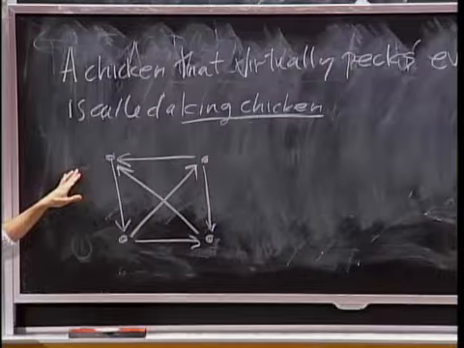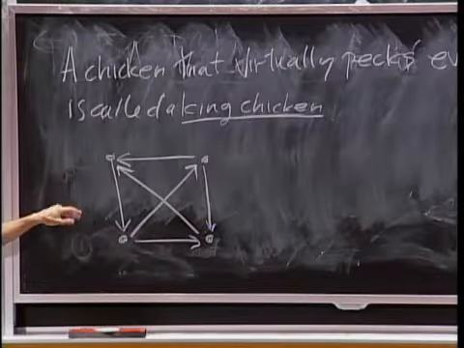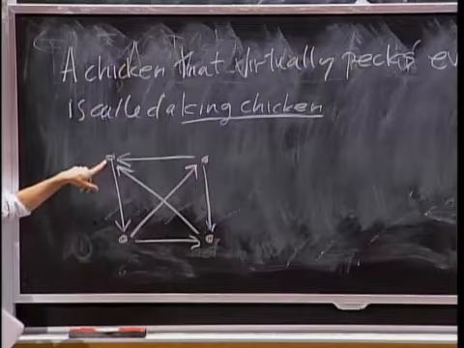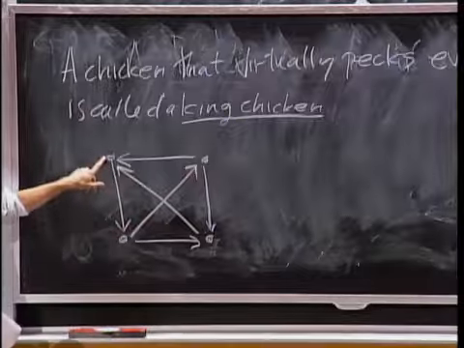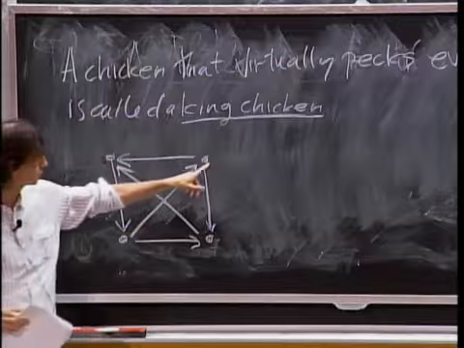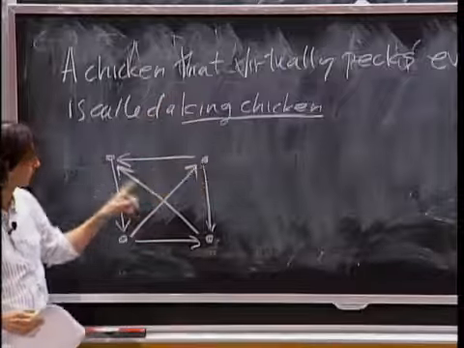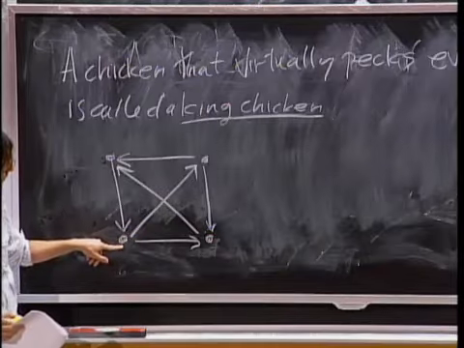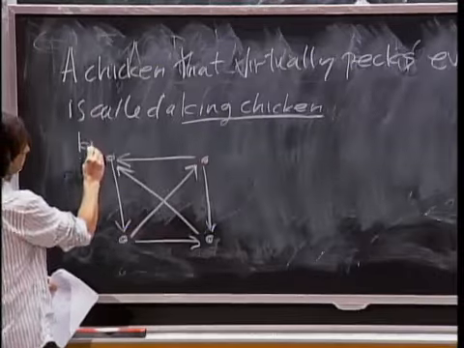Do you see some solutions here? Take, for example, this one. This one pecks this one. Can it also virtually peck this one over here? It does, right? It pecks this one, and this one helps out, and can peck both this one and this one. Wow, that's cool. So this one is king.